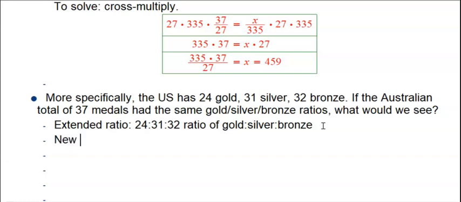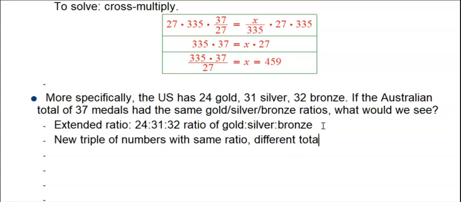And we want a new triple of numbers with the same ratio, different total. And this is something where we again introduce a variable, but in a somewhat different way.